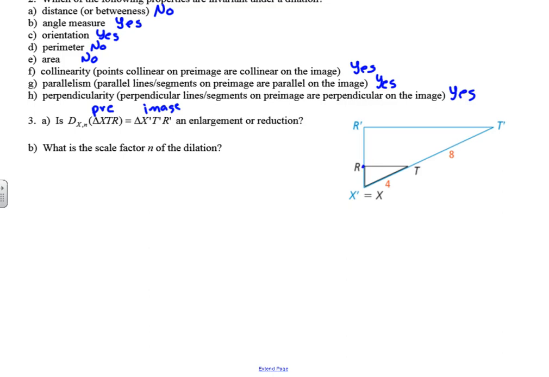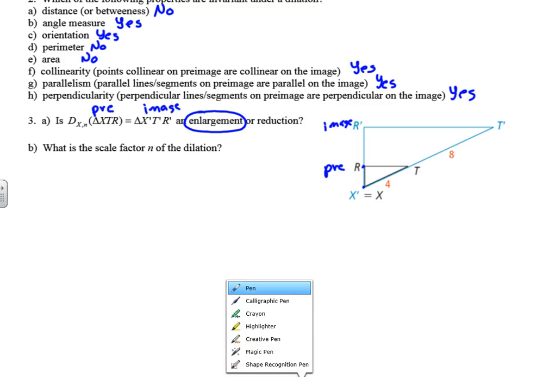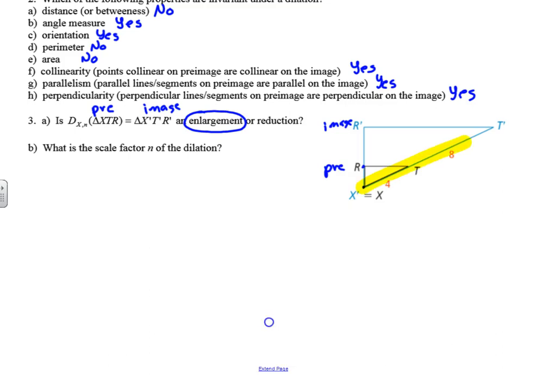You see how the pre-image and then the image, the image is further away from the center of dilation, so therefore this is an enlargement. All right, the triangle's getting bigger. What is the scale factor? Okay, well, we don't have it for R, but we do on this line here with T.